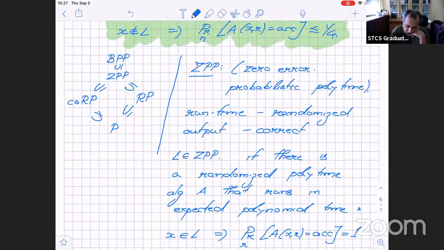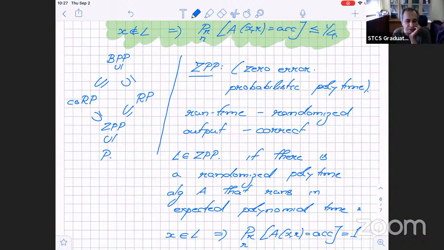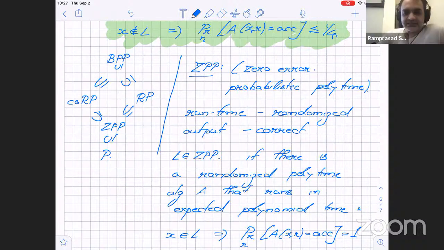This is contained in this, contained in this. ZPP is over here, and P is over here. ZPP is the intersection of RP and co-RP.